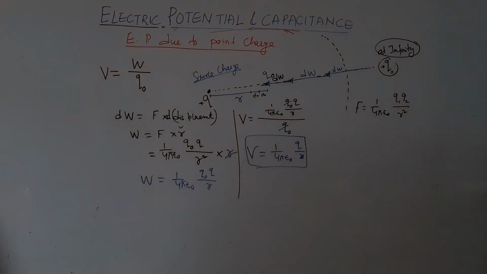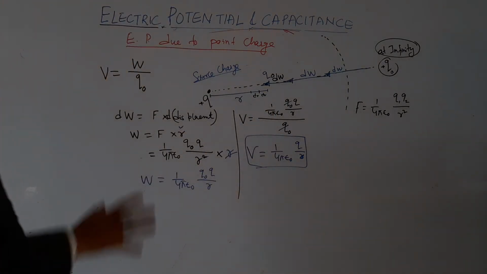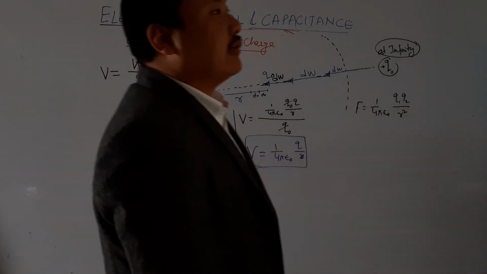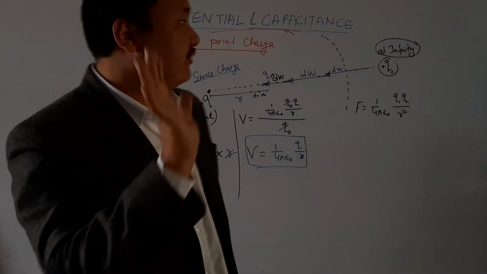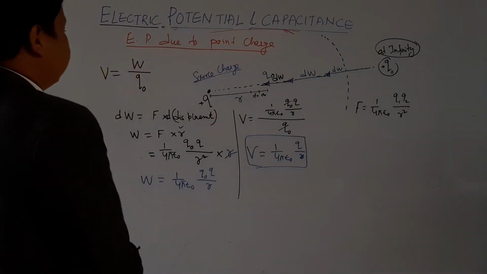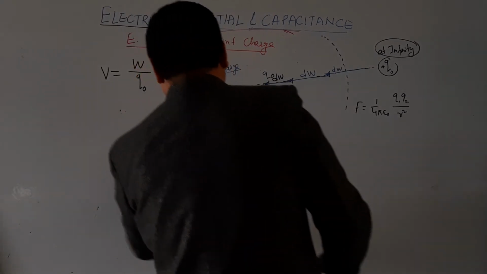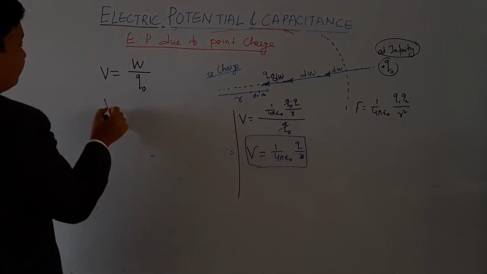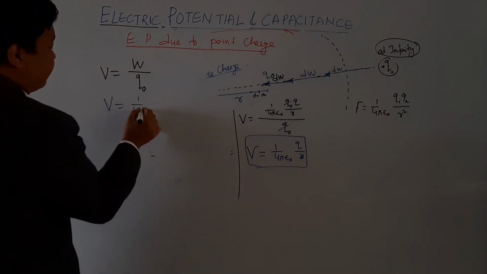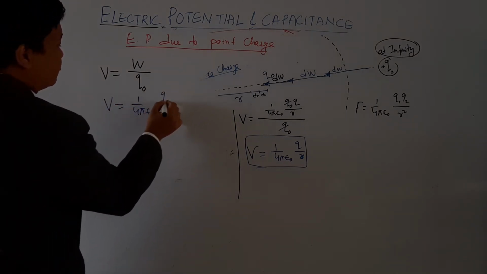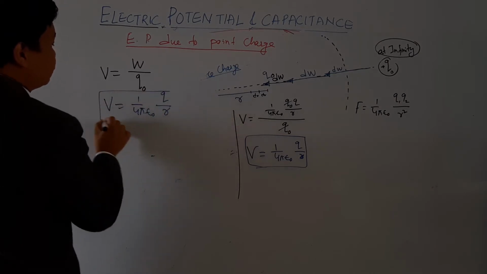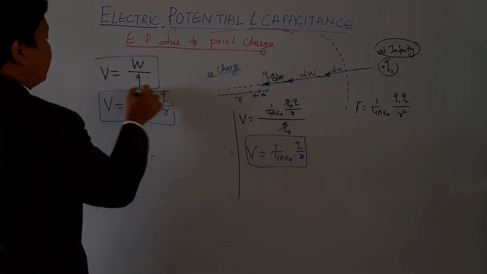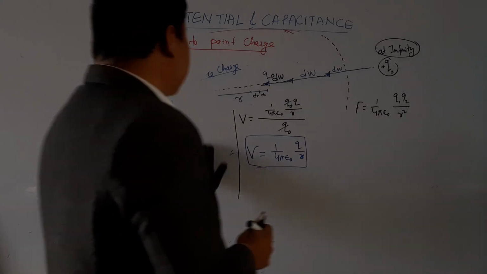So now from this there will be one very important question in board. You have to remember this V is equal to 1 by 4 pi epsilon naught Q by R. These two formulas are very important, so you have to remember.